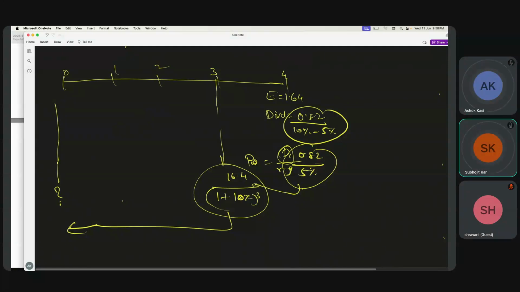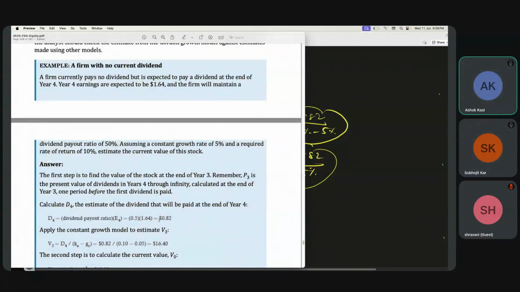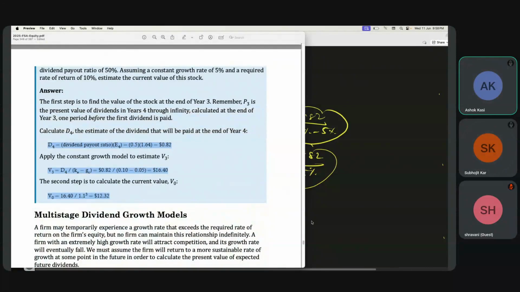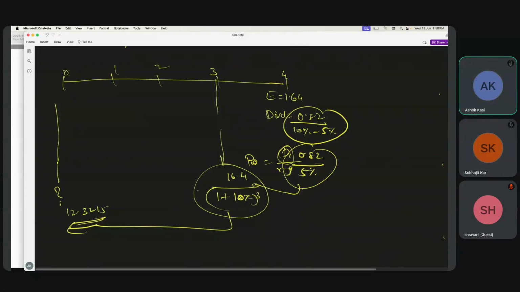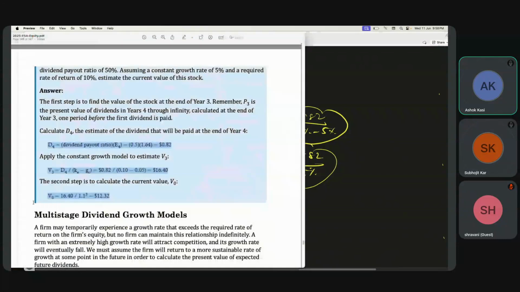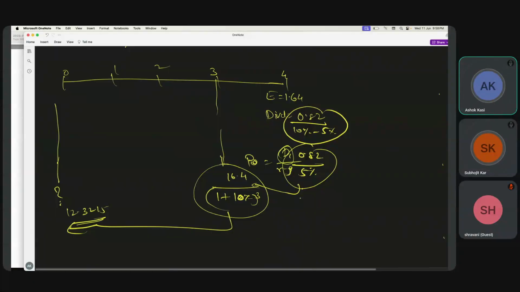It's 12.3215. 12.32. Okay. Understood this one.